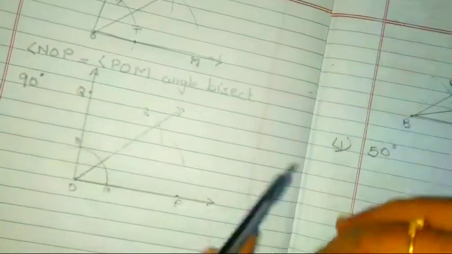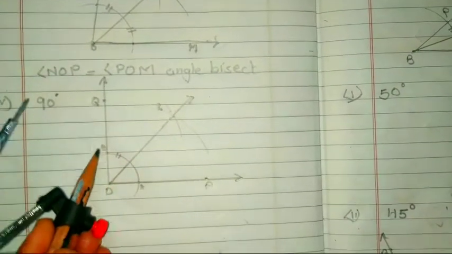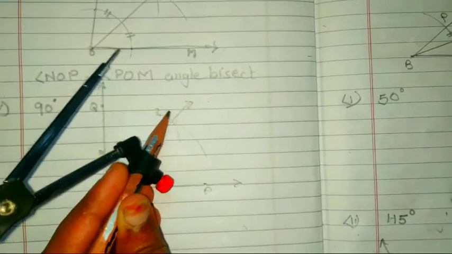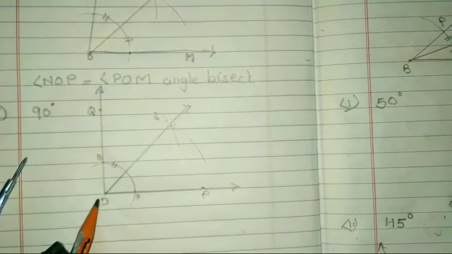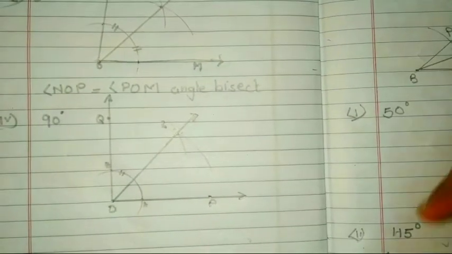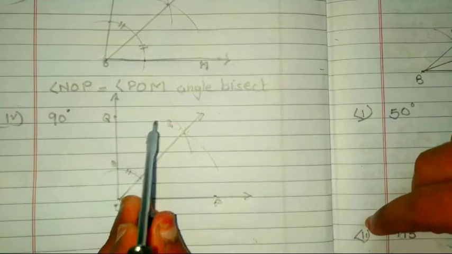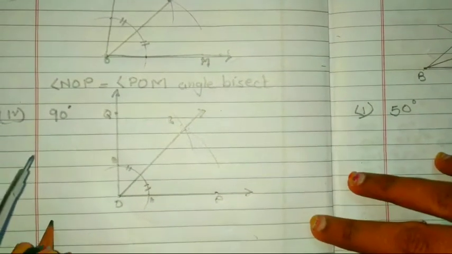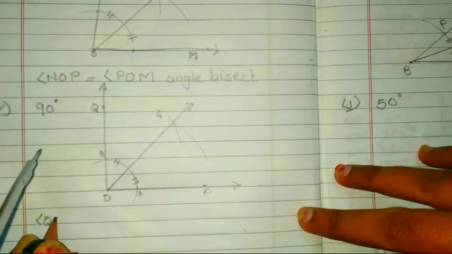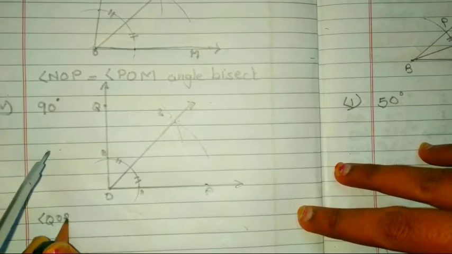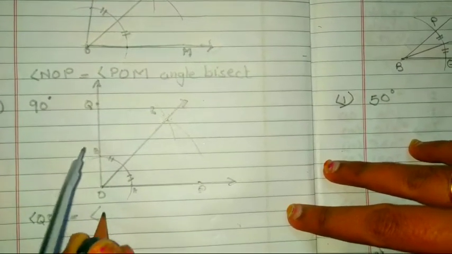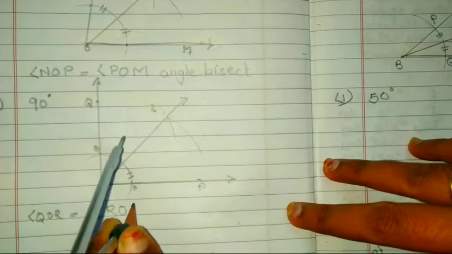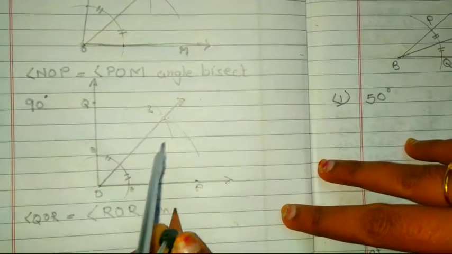This is the angle bisect. It means angle QOR and angle ROP are equal. These are angle bisects. Angle QOR is equal to angle ROP.